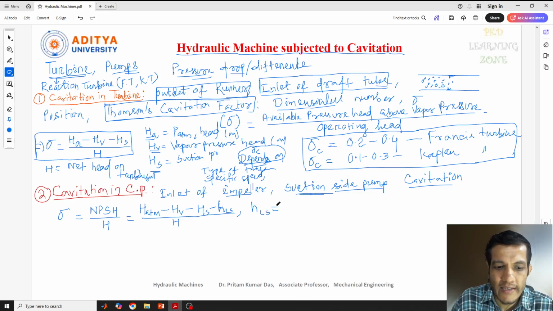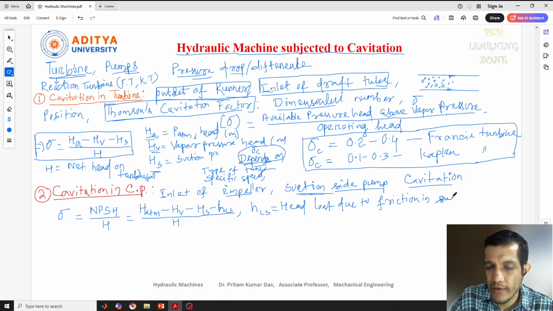So this H_LS is nothing but the head lost due to friction in the suction pipe.